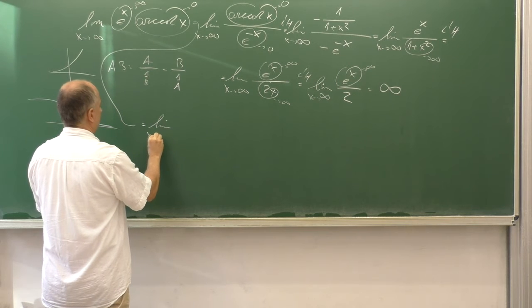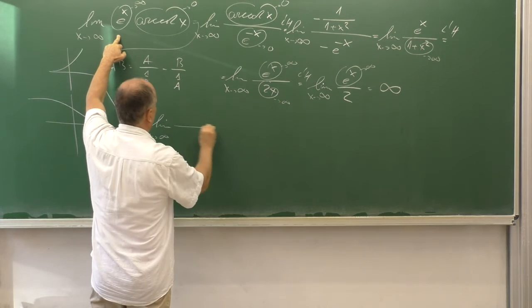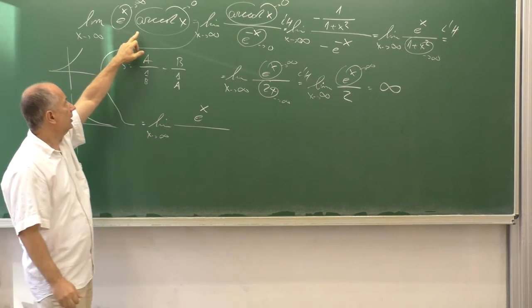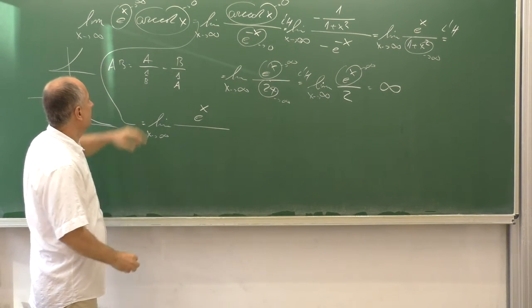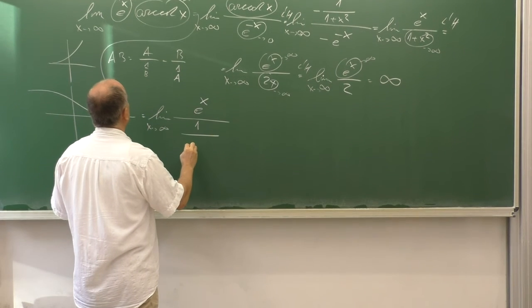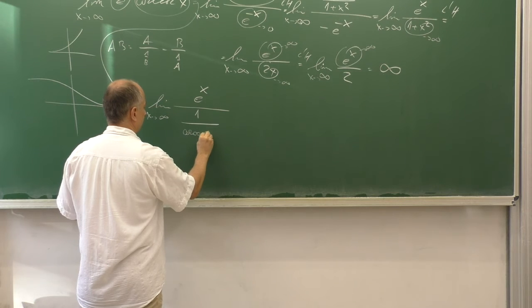Limit for x approaching infinity, and we leave e to x in the numerator, and instead of multiplying by this expression, we divide by 1 over arc cotangent of x.